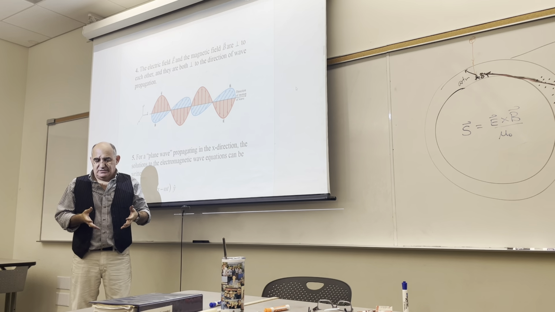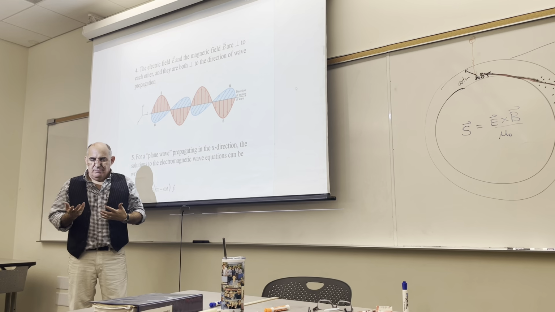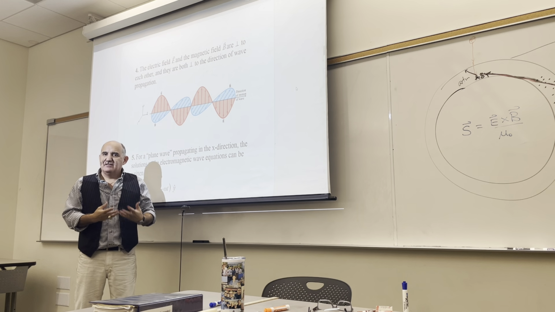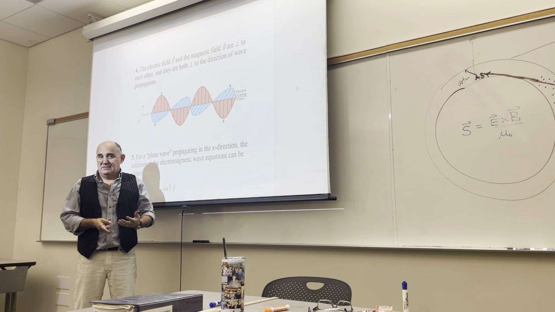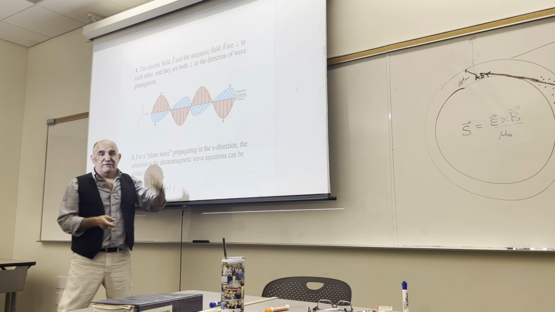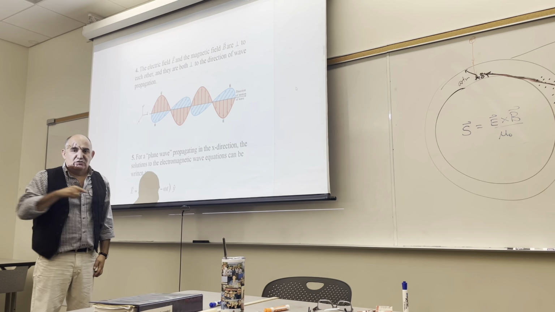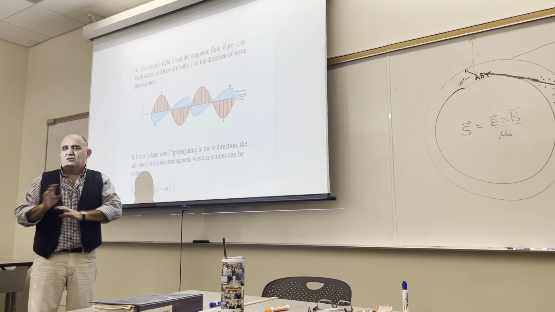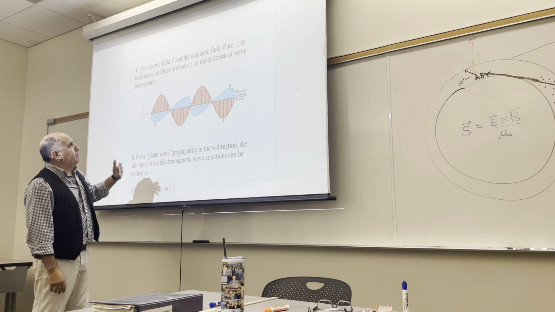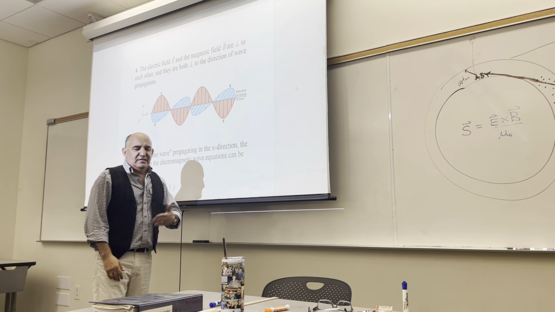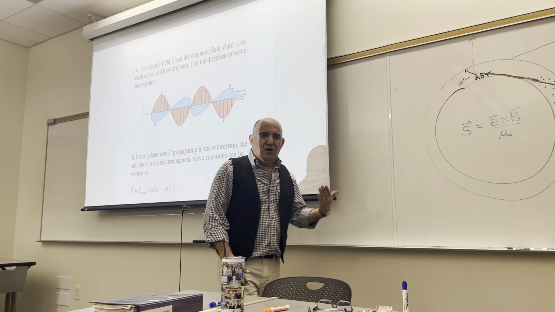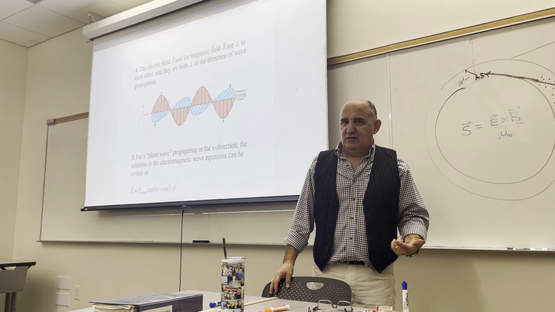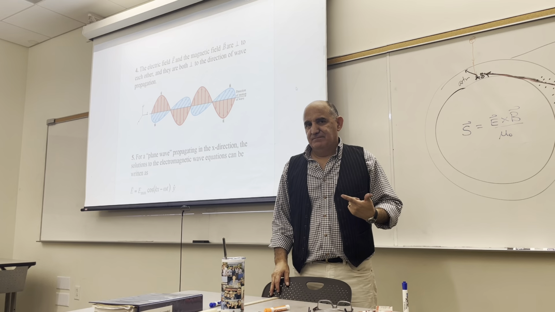Being polarized in the y direction means that the electric field is oscillating along the y-axis. If the electric field of this wave were along the z-axis, then you say the polarization of the wave is along the z-axis. So the polarization of the wave tells you the direction along which the electric field is oscillating.